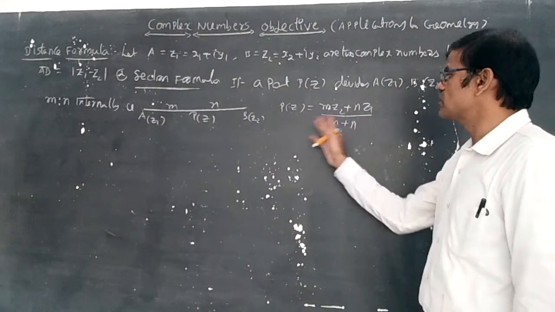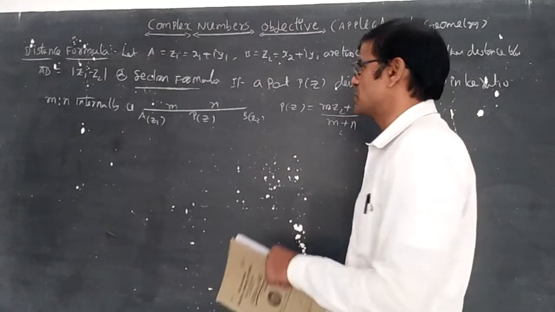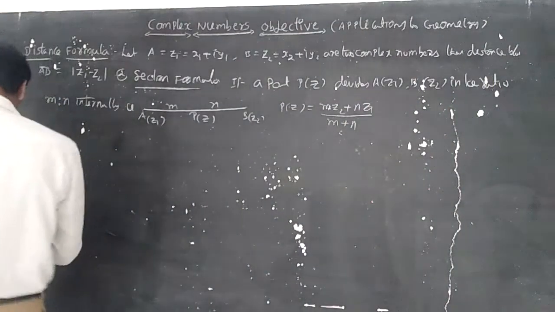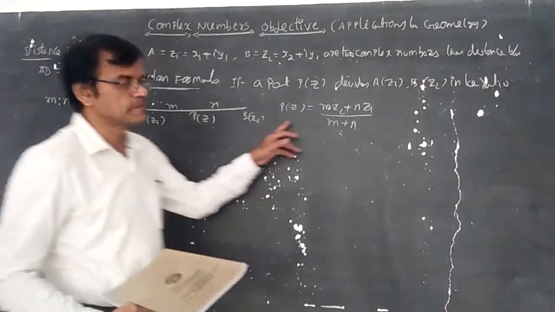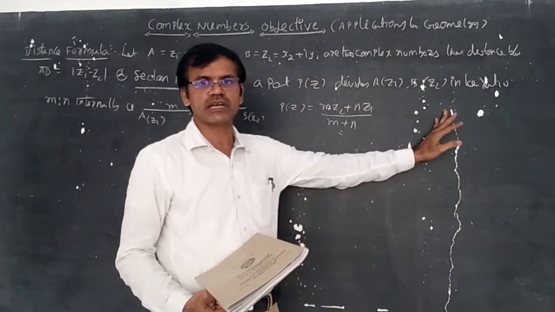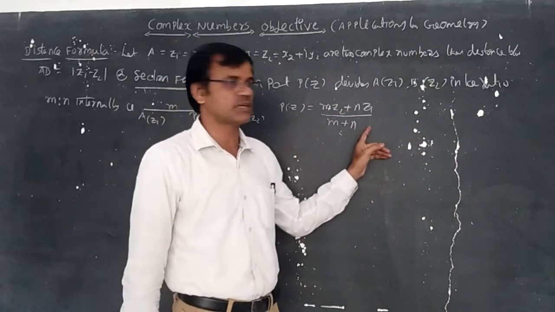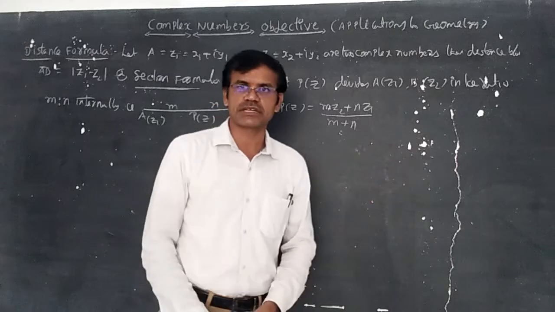So the whole can be written as P(Z) equal to (m z2 plus n z1) by (m plus n). This is the second formula. Of course, if it divides in the ratio m is to n externally, then the formula (m z2 minus n z1) by (m minus n) is correct.